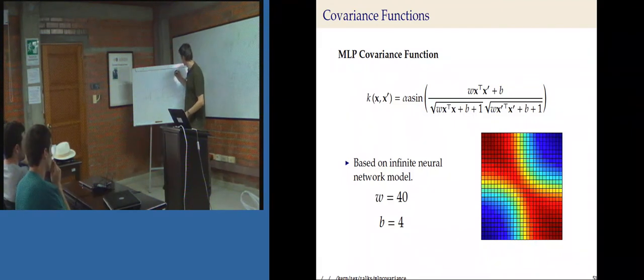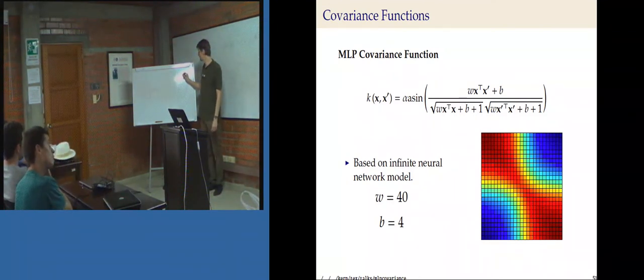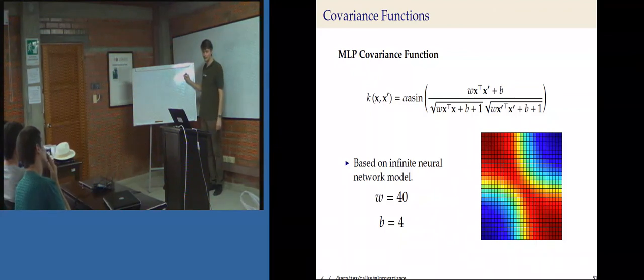Sigmoids normally have this sort of form, w transpose x plus b, although as I say, these aren't sigmoids. So we put a Gaussian prior over w, and a separate Gaussian prior over b, and then we take the limit as we have an infinite number of these sigmoids.